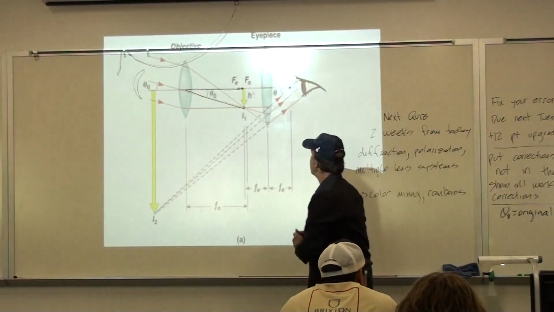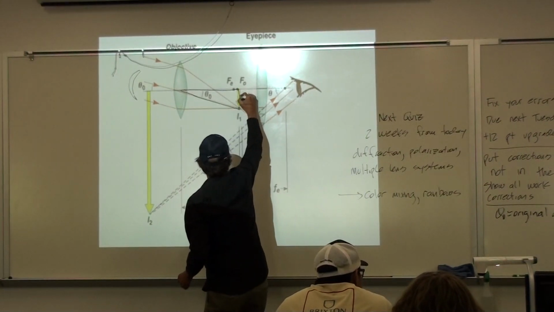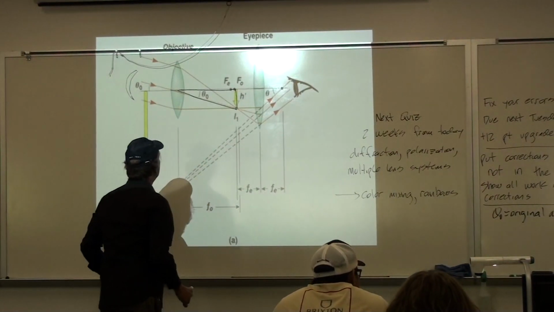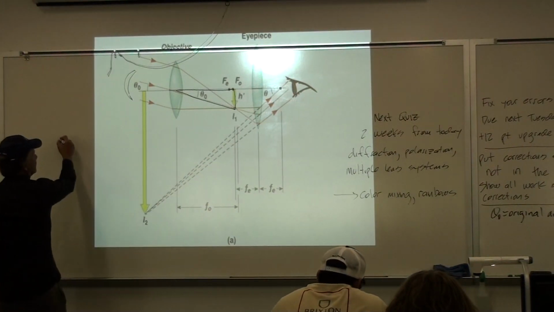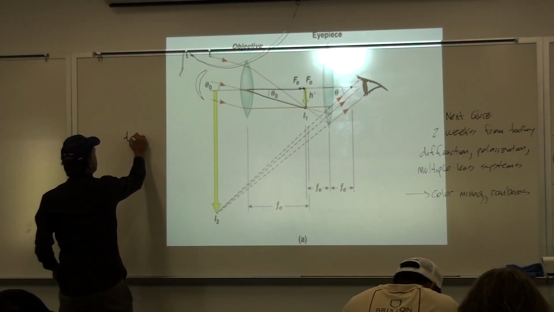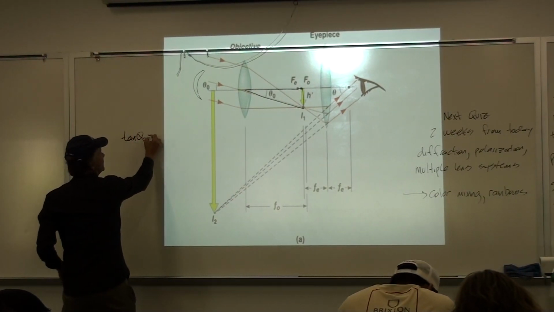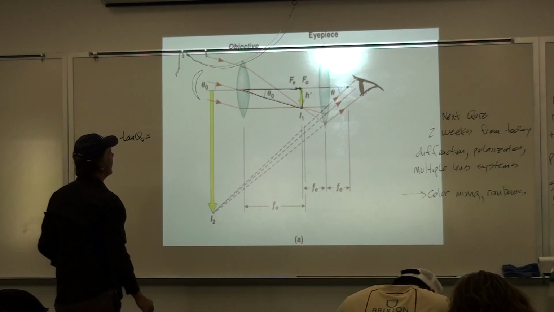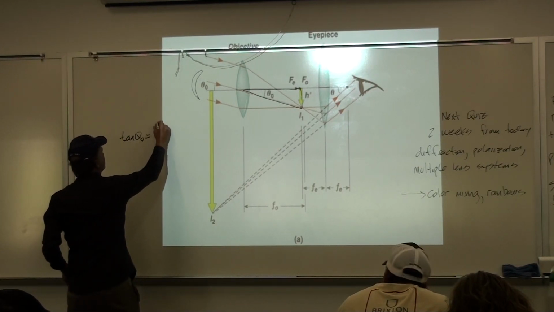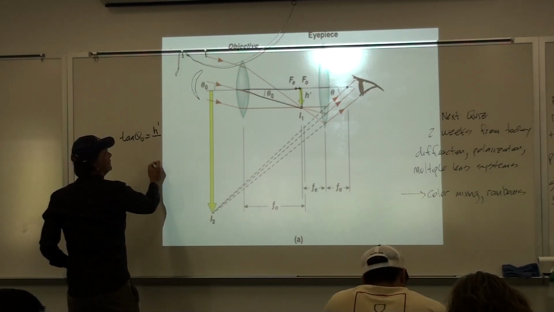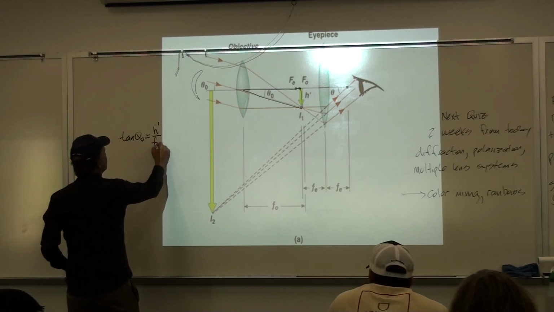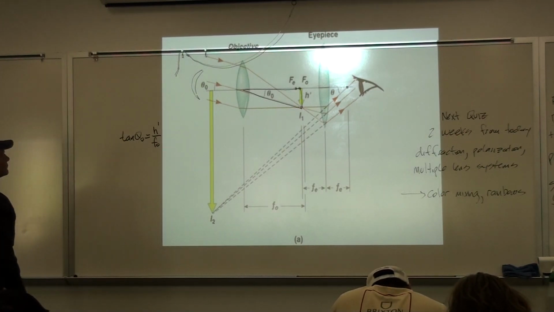And so here we can say, in terms of this ray diagram, that the tangent of theta naught is equal to the opposite side, which is h prime, over the adjacent side, which is the focal length of the objective lens. Okay?